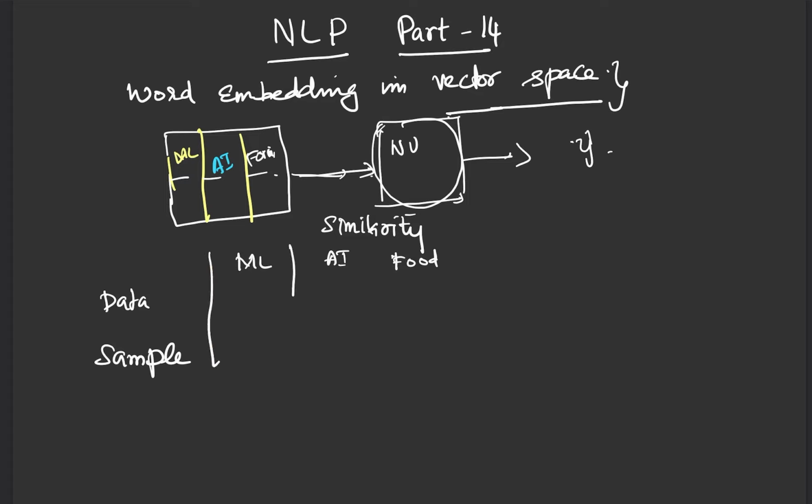We are just looking at the frequency. Let us assume the frequency is like this. ML has 6000 and 4000, AI has 4000 and 2000, and the last one has 2000 and 5000.